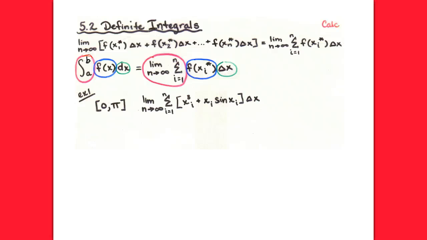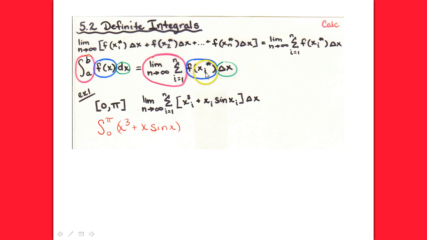All right, so not really a whole lot that we can do with these, but in example number 1 it says we want to express the limit as n approaches infinity of the sum from i equals 1 to n of this function as a definite integral, and we want to use the interval from 0 to pi. So to begin with, I know that I start at 0 and I stop with pi as my lower and upper limits of integration. Then I need to find my integrand, and my integrand is just going to be my function.